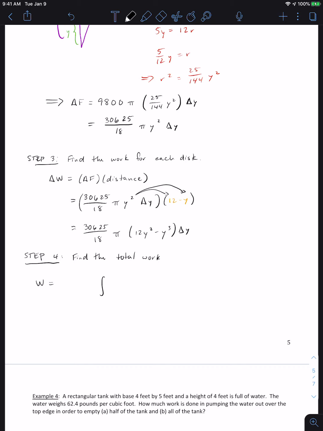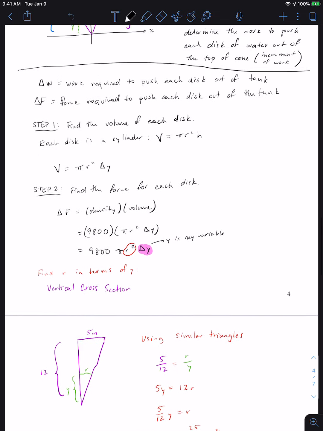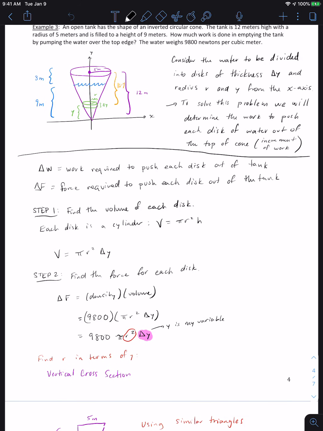So what are we going to integrate this from? If we look back up at our problem here, what are we plugging into the integral? We're plugging in y, right?